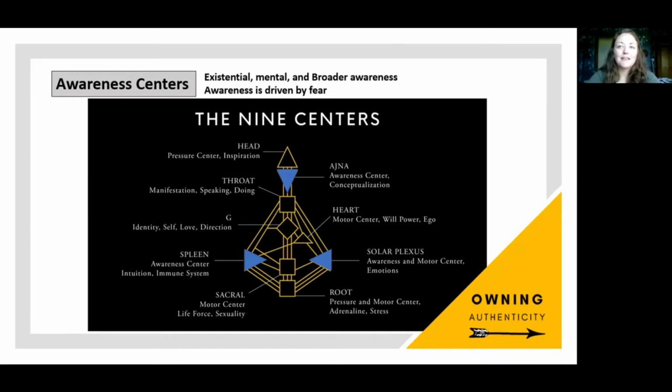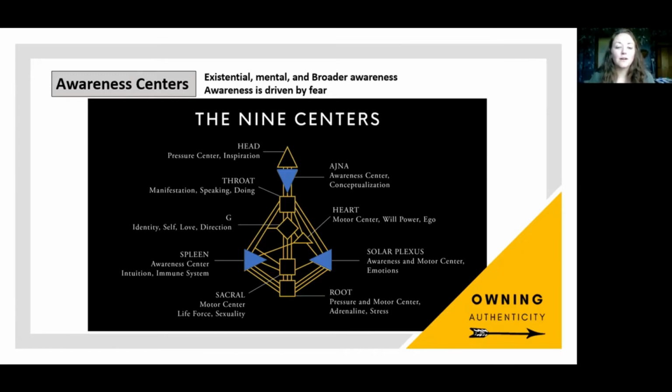Even though these awareness centers are basically the home where our fears are camped out, and that can run amok and get harmful and be in a low vibration where it hurts us to carry those fears, the desire to pay attention and take in information from your environment does protect the well-being of our physical vessel.